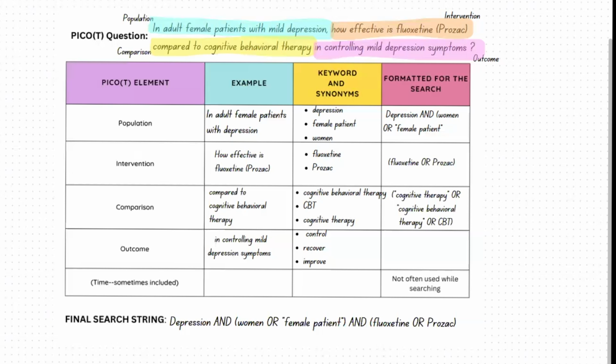Our whole search string thus far looks like depression and, parentheses, woman or female patient, in parentheses, and, parentheses, fluoxetine or Prozac, in parentheses, and, parentheses, cognitive therapy or cognitive behavioral therapy or CBT, in parentheses.